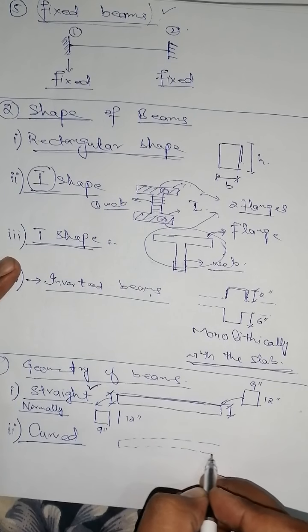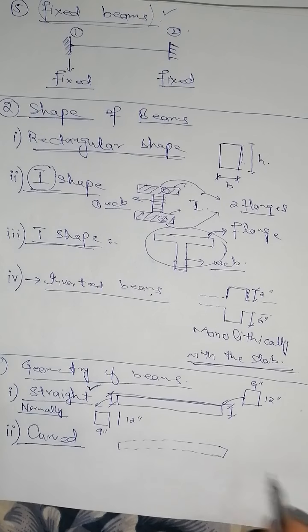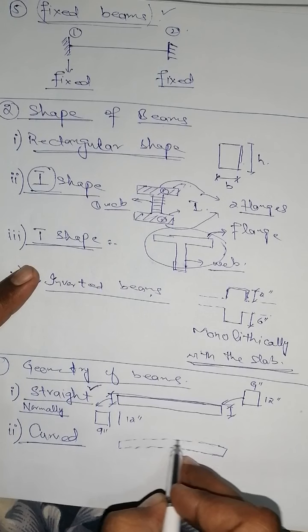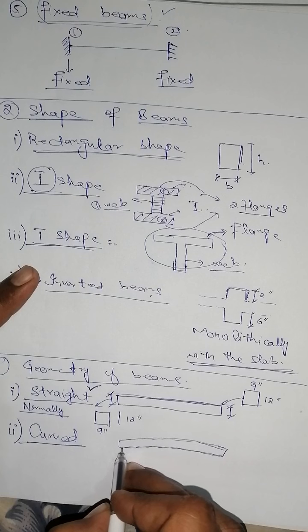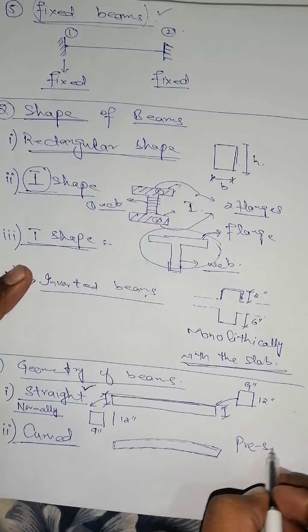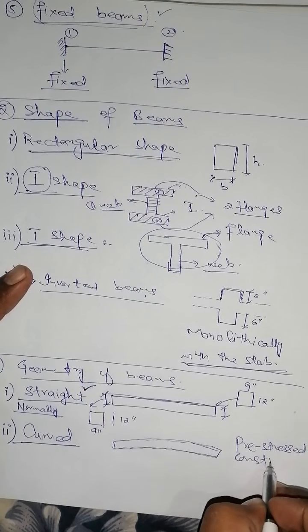This may be an example of curved beam. There may be a minute, little curve, but we cannot see it with the naked eye. This may be a shape of curved beam. These beams are used in pre-stressed constructions.